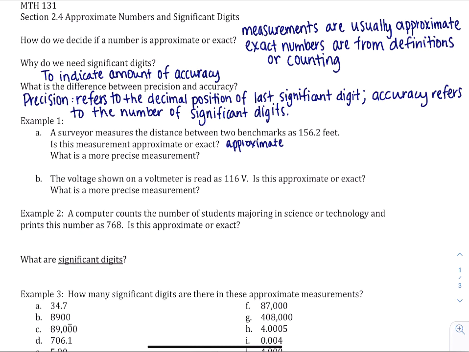Depending on the technology that you're using, sometimes you can get more accurate answers, but it's always going to involve some level of approximation whenever you're taking a reading from a tool.